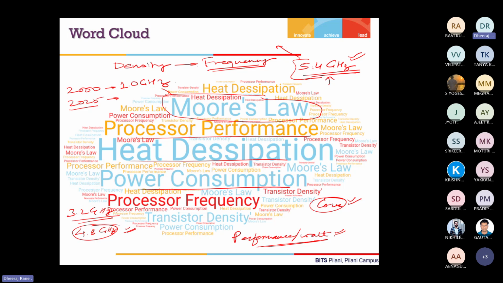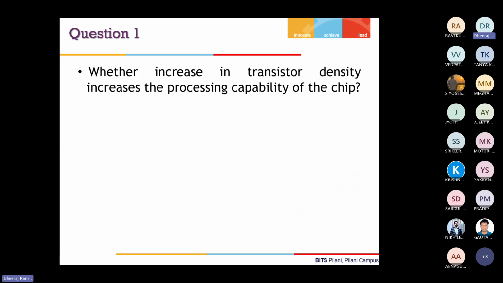Beyond a certain limit, it will not be possible to increase the performance per watt, and it stays at a constant level, or rather a degraded level. So this is the basic concept.